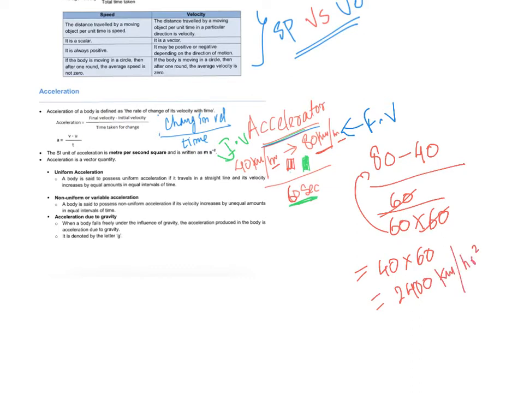That's my unit. The SI unit we normally use is meter per second square. In most problems we use meter per second for velocity, and for acceleration we use meter per second square.